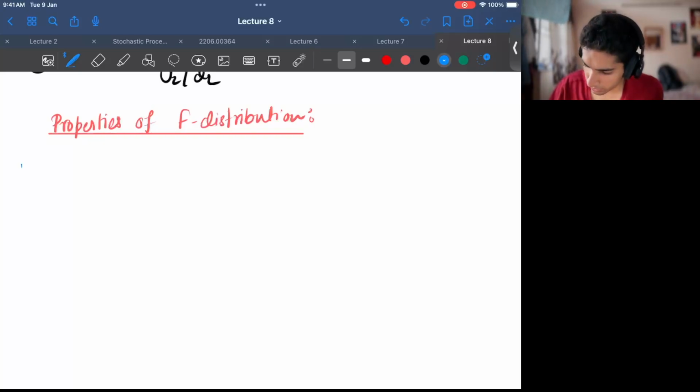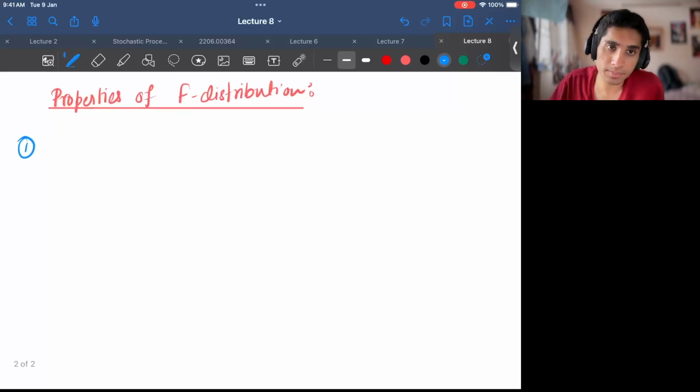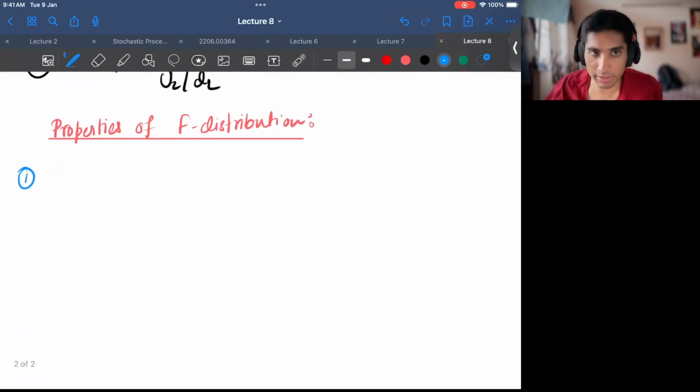So here, let's start with the first property. It's just the definition, which I will write down.